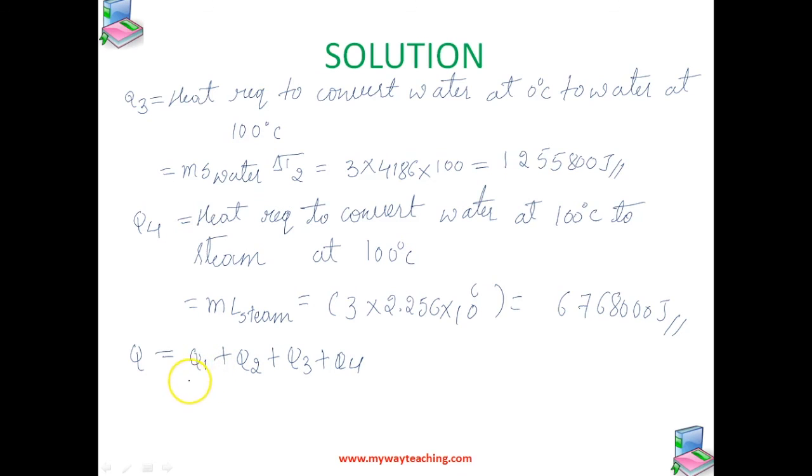So Q1 is 75,600 joules, Q2 is 10 lakh 5,000, Q3 is 1,255,800, and Q4 is 6,768,000 joules, which gives the value as 9.1 into 10 raised to 6 joules. Okay.